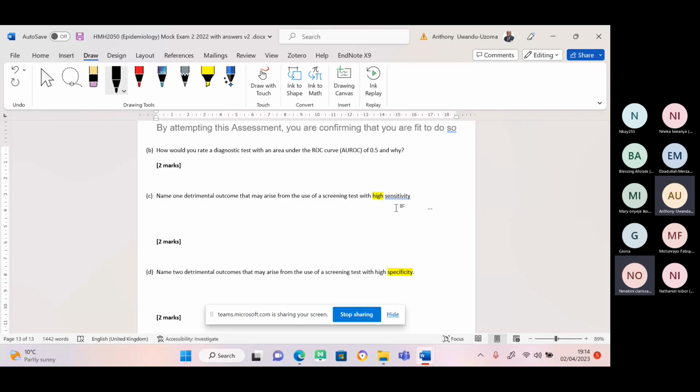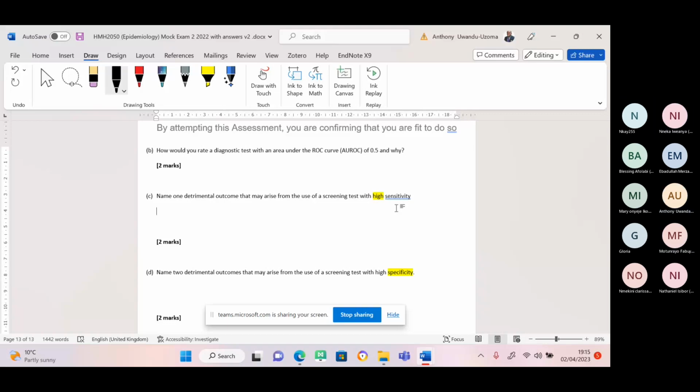Name one detrimental outcome that may arise from the use of a screening test with high sensitivity.